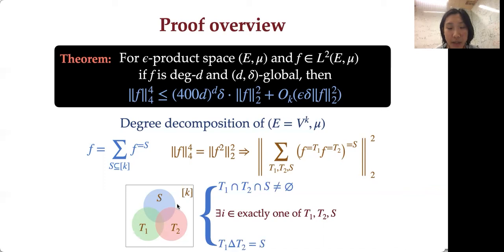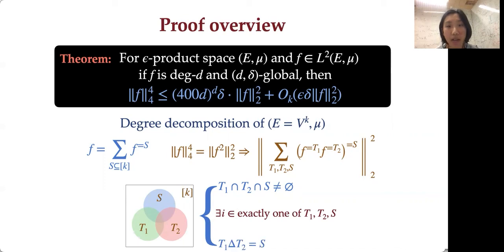And in the third case, when neither the first nor the second case occurs, all the non-empty regions are this one, or this one. So they're precisely the intersection of exactly two sets. In this case, we know that T1 symmetric difference with T2 will be equal to S. So this shows that these three cases cover every possible configuration of T1, T2, and S.